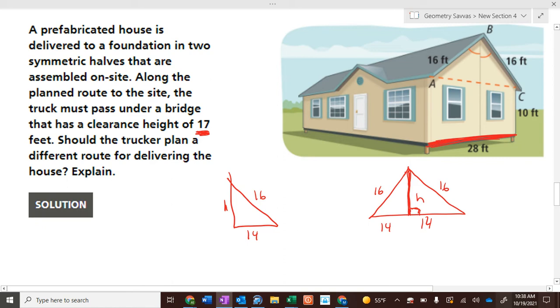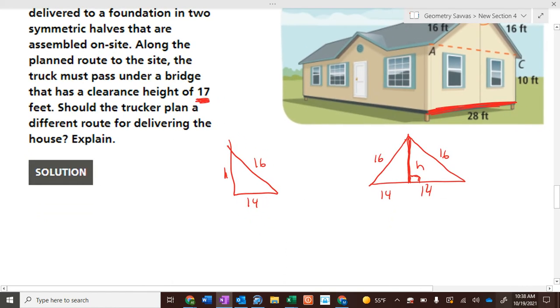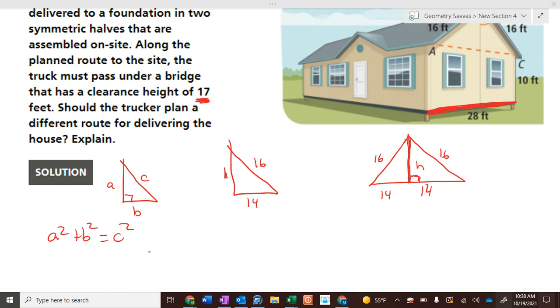Pythagorean theorem. What is the Pythagorean theorem? Well, a squared plus b squared equals c squared, where c is always the hypotenuse. What's the hypotenuse? The longest side, the side opposite the right angle. In this case, it's 16.